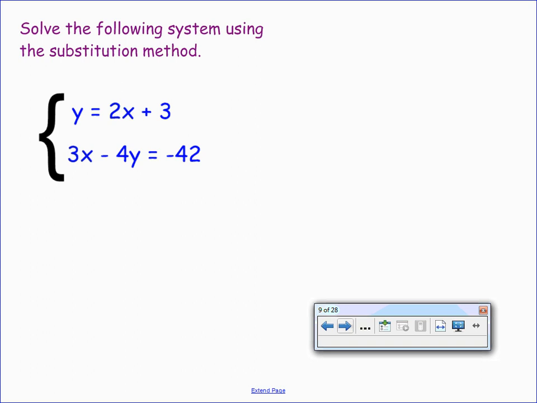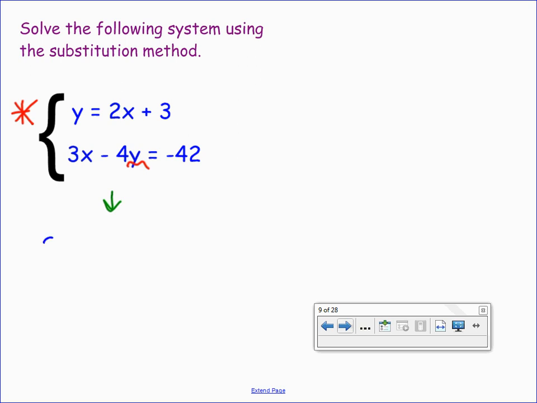So I try to make one of the equations solved for one of the variables. It looks like in this first equation that I'm putting an asterisk by, y is already solved for in terms of x. I'll go ahead and go to the second equation and rewrite it. I'll rewrite that second equation, 3x minus 4y is equal to negative 42, except everywhere I see y, I'm not going to put y, I'm going to put 2x plus 3, what y equals.